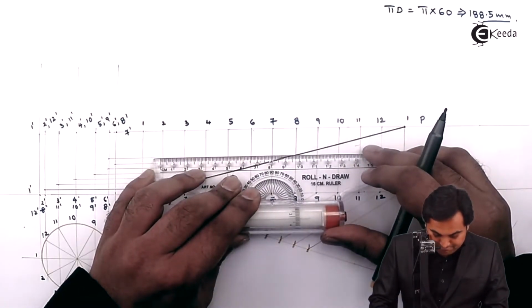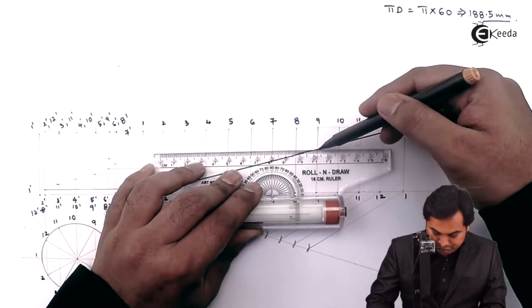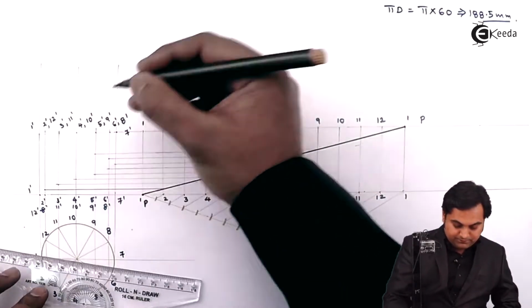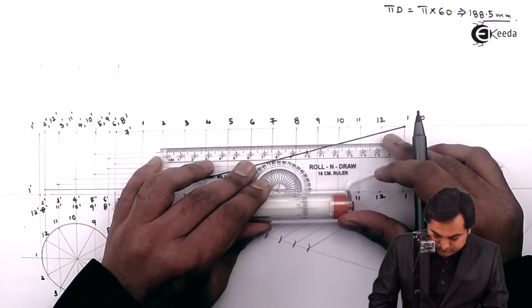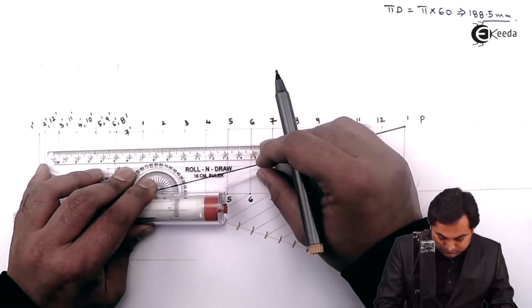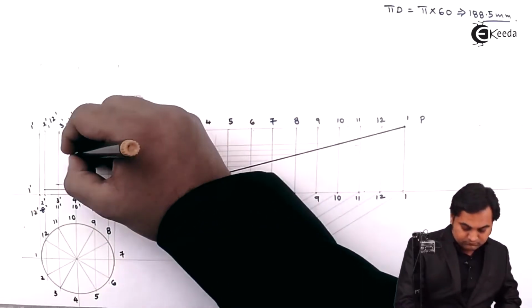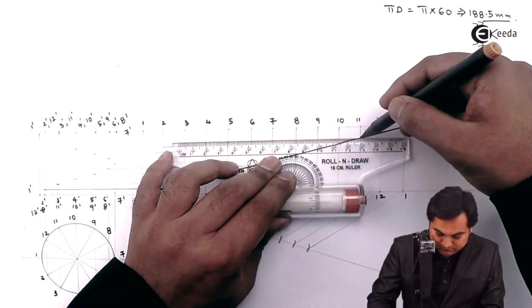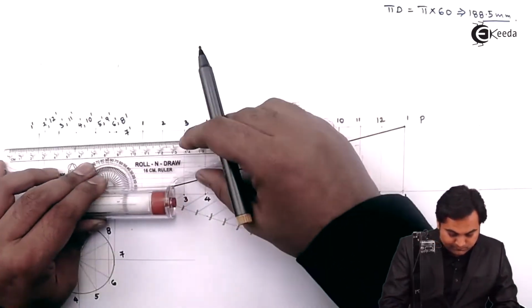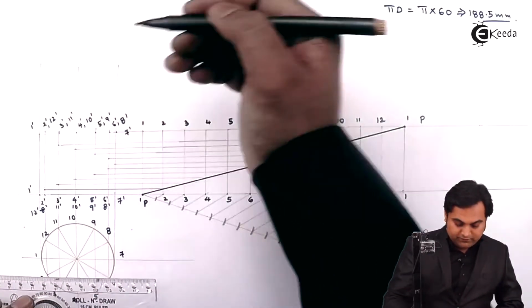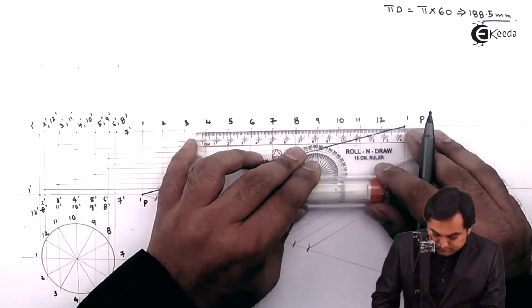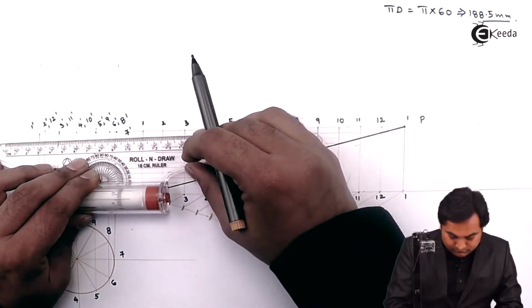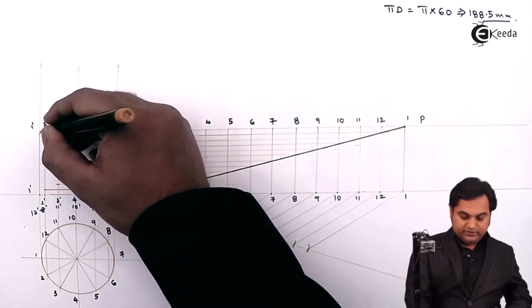Next point 9, point 10, point 11, point 12, and then the last location.